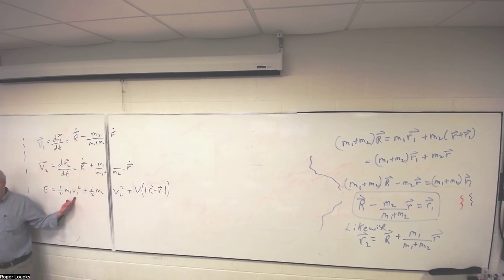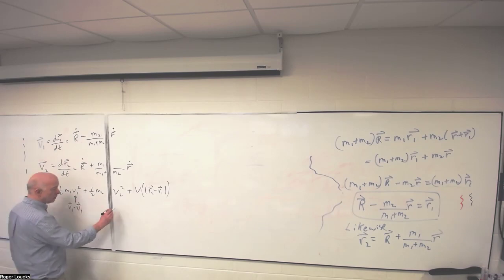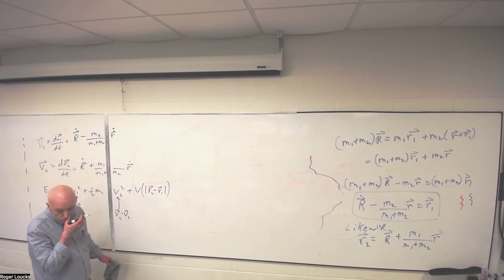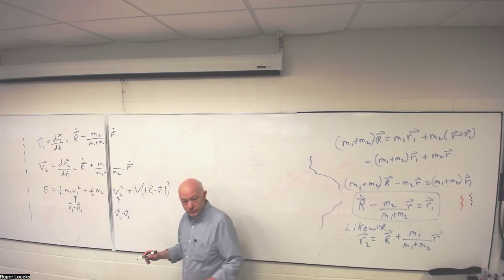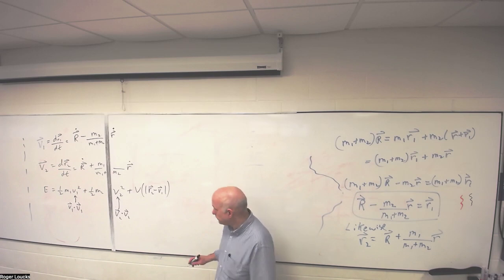What does v1 squared mean? It's v1 dot v1, the v1 vector dotted with the v1 vector. This is really the v1 vector, and this is the v2 vector. And the term in the potential function is a function of r2 minus r1? Yes.